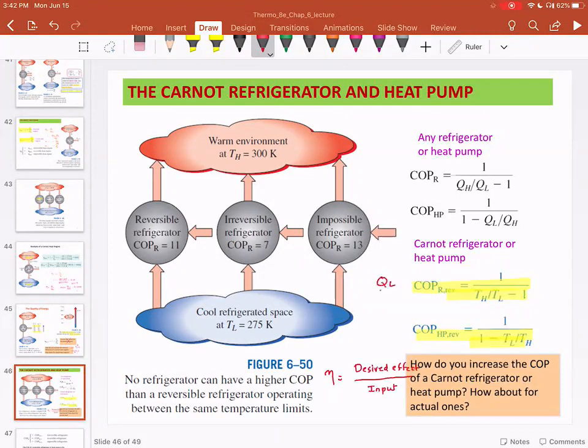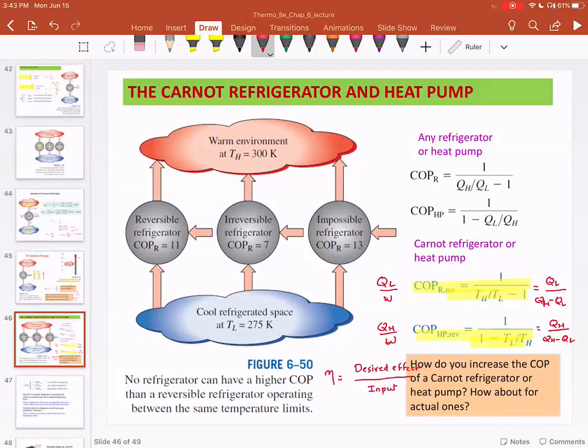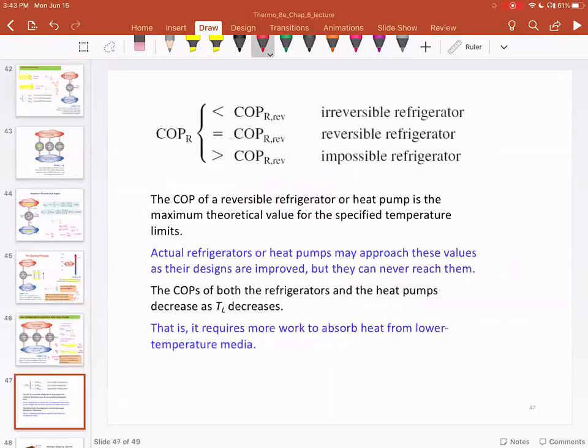In the case of a refrigerator, the desired effect is QL divided by W. In the case of a heat pump, the desired effect is QH divided by W. Now, when that happens, you have QL, QH minus QL, QH, QH minus QL. So these are the statements or equations that we'll use when we work out the problems.